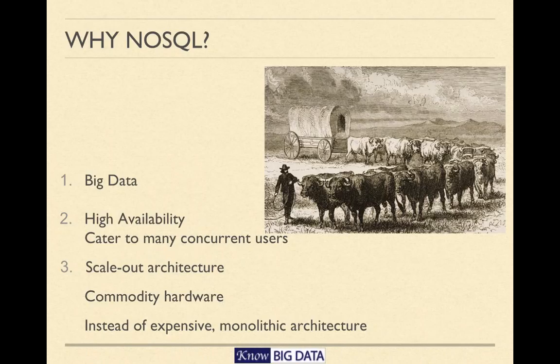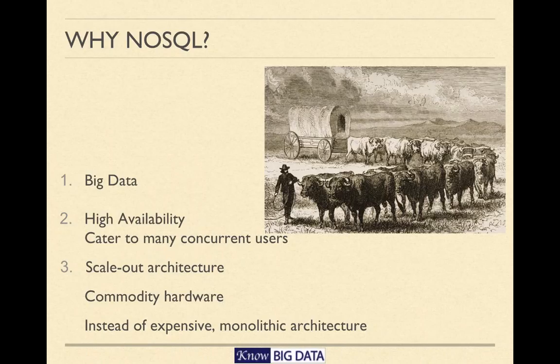Second, high availability, meaning in case there are many requests coming in, still you would be able to cater to them. What I mean is, in case some of the machines go down, still you would be able to cater to the requests.